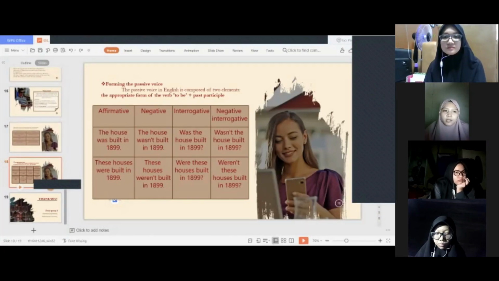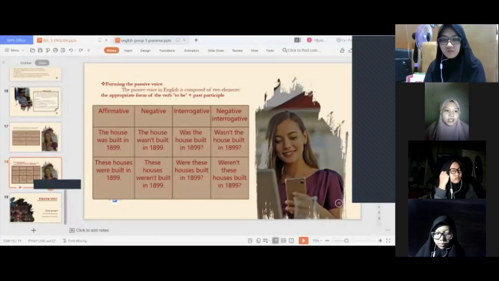Forming the passive voice. The passive voice in English is composed of two elements: the appropriate form of the verb to be plus the past participle. Nah, di dalam tabelnya ini ada afirmatif, negatif, interrogatif, dan negatif interrogatif. Untuk afirmatifnya, yang pertama ada the house was built in 1899.